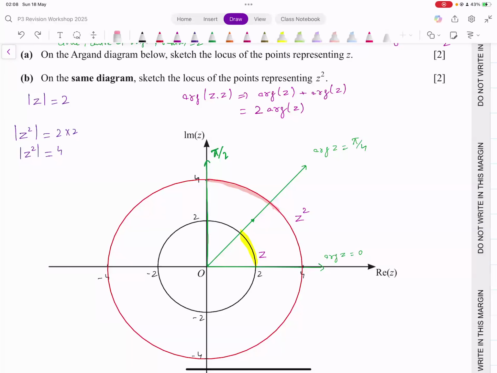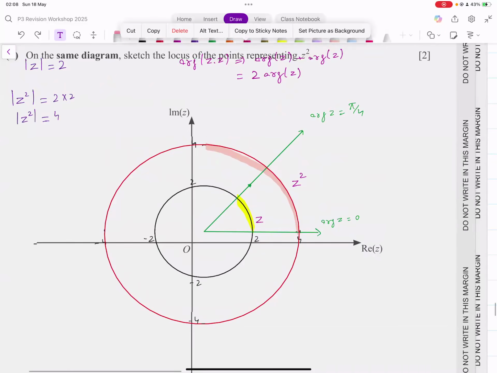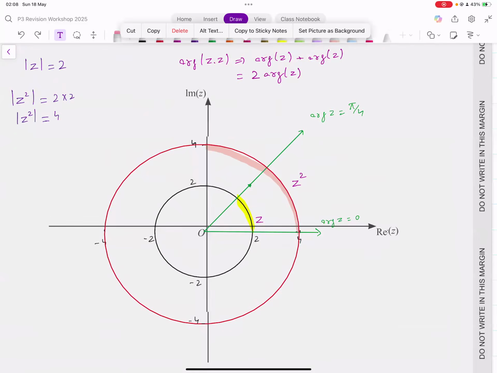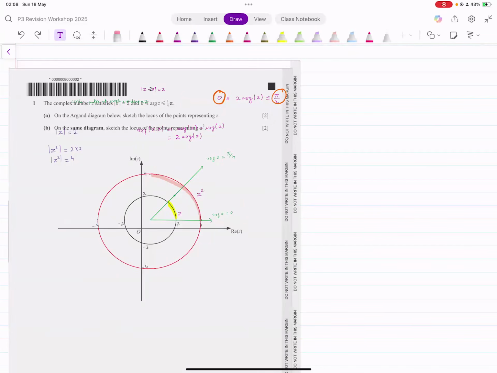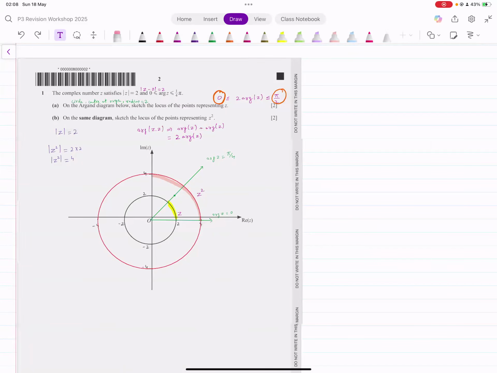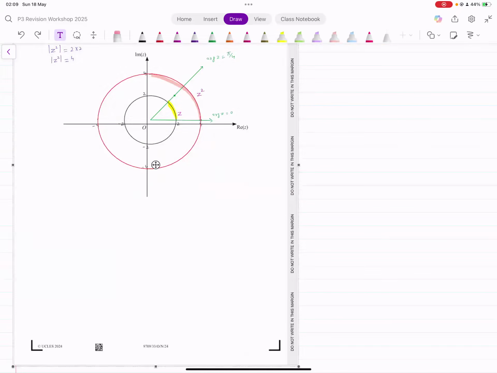Okay. Why is the argument of z squared until... I think my iPad also wants to sleep now.